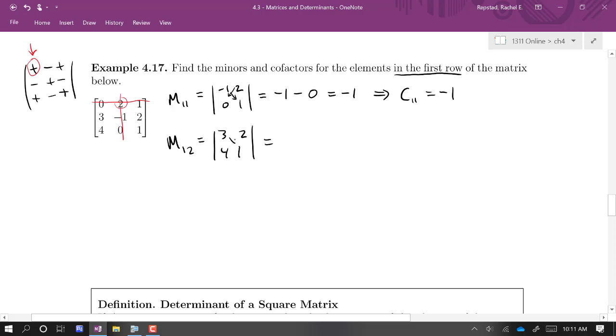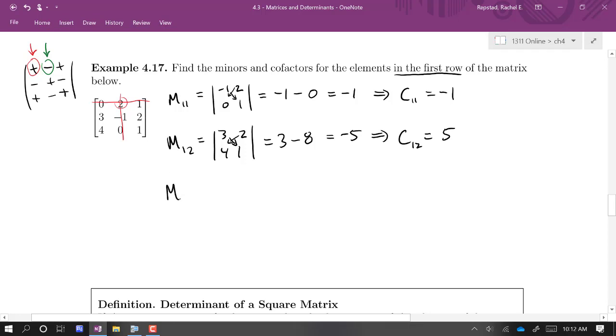This determinant, 3 times 1 is 3, minus 2 times 4 is 8, so we get -5, and that's the minor. Now the cofactor 1, 2: I look at that entry in the pattern of signs. Right here, that says change the sign. If it's a negative, I'm going to change the sign of the minor. So that's a +5.